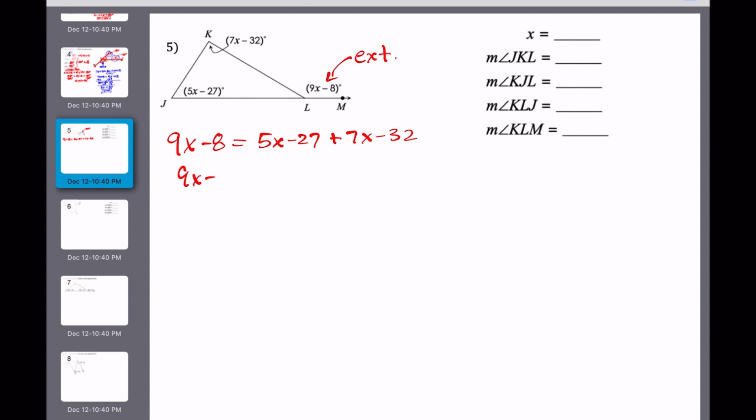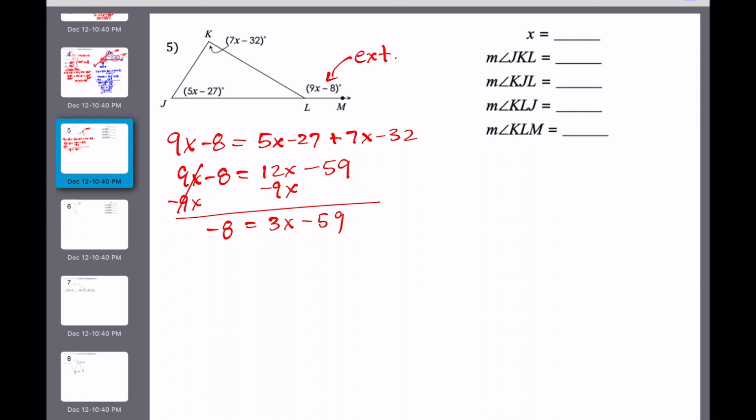Then we would like to combine like terms. 5x plus 7x is 12x, minus 27 combined with minus 32 is minus 59. And now we would like to group our x's on one side of the equation and then put our constants on the opposite side of the equation.